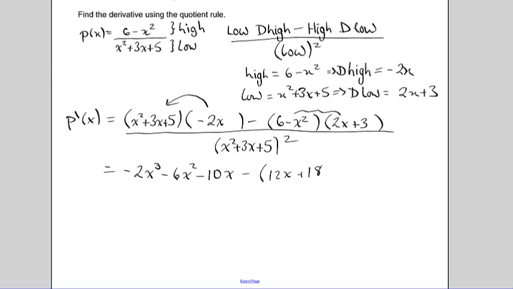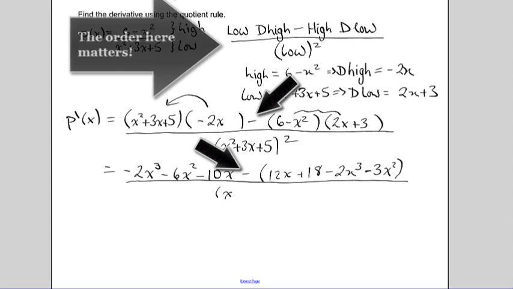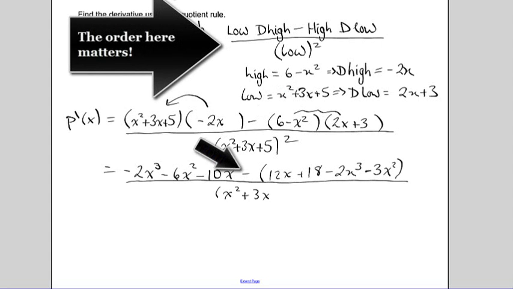So remember, I want to keep brackets around the terms I obtained when I FOILed because I have this negative, which is also why when you take the quotient rule, it's important that you get the song right, because if you switch things around, then the negative, because it needs to be distributed, will give you a wrong answer.